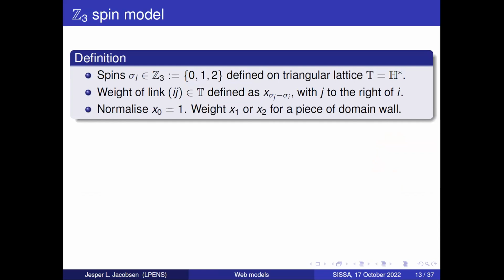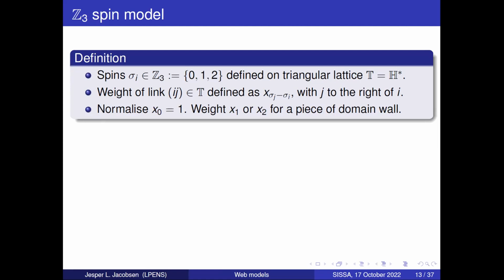I can also define a Z3 symmetric spin model, which is just obtained by placing spins that can take 3 values on the triangular lattice, which is dual to the hexagonal one. And if there's a link separating a spin j to the right and i to the left, then I'm going to associate with it a weight x_{sigma_j minus sigma_i}.